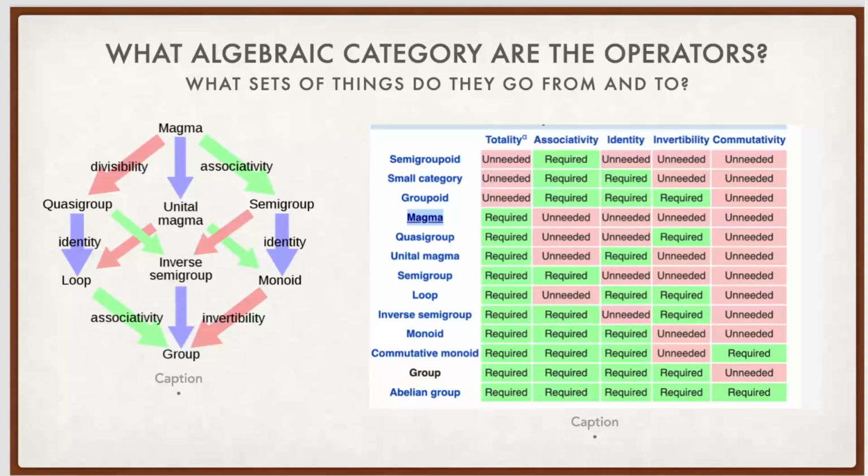Now let's just go over basic group theory a little bit. Okay, so every operator you have, you just kind of sit and think about it. And you think about what properties does it have, and thus what kind of thing it is.